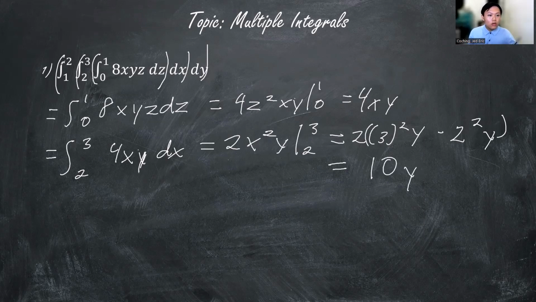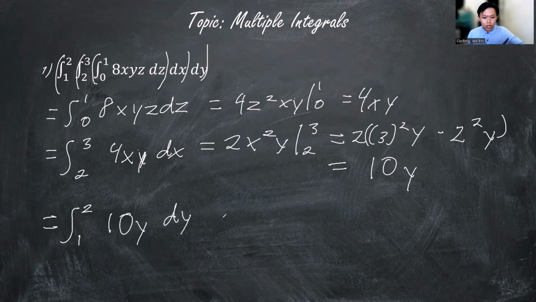Now we just need to solve the last one. So it's going to be equal to the integral with limits of 2 and 1. Just copy 10y, 10y over dy. Now, if you solve this, it's just going to become 5y squared, with limits 2 and 1.